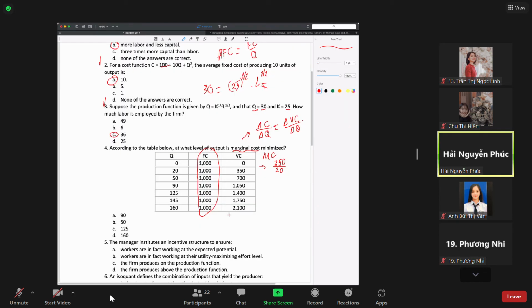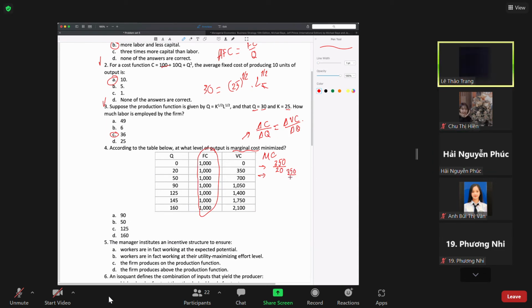All right, understand? Now, of course, you have to complete the table. For example, the next row, 20 to 50, 350 to 700. So it is going to be equal 350 divided by, let's say, 30.